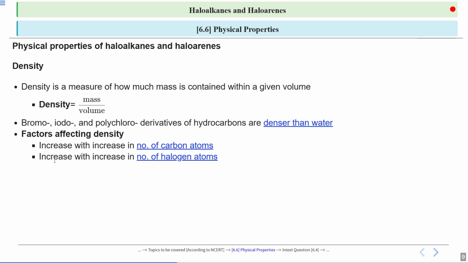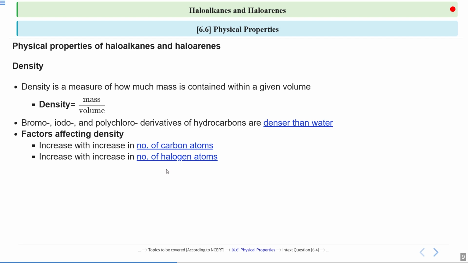Also, density will increase with the increase in number of halogen atoms. So if you attach halogens with the haloalkane and the haloarene, or you can say alkyl and aryl group, as the number of halogen atoms increases in the alkyl group and the aryl group, there will be an increase in the density of the molecule.